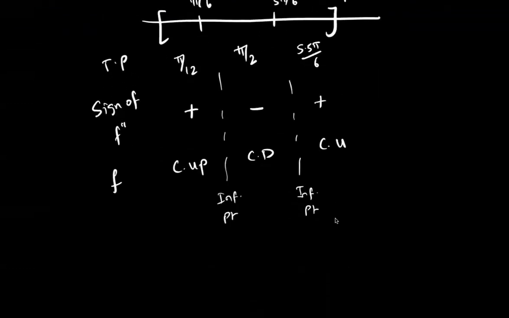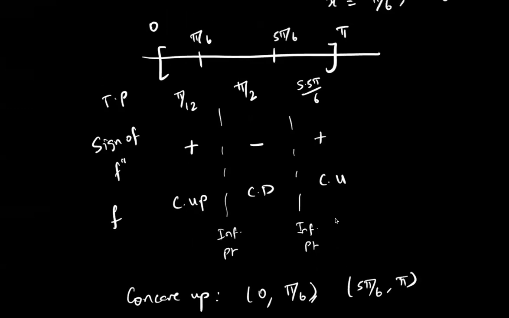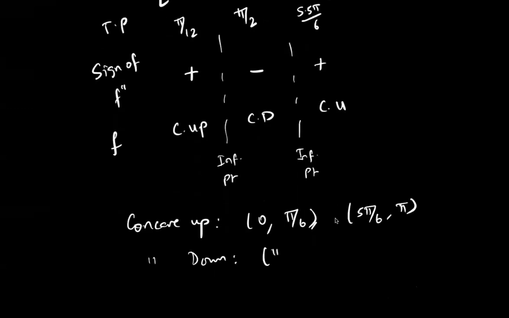So you will say that it is concave up in the interval 0 to pi over 6 and 5 pi over 6 to pi, concave down in the interval pi over 6 to 5 pi over 6, and then you will say inflection points at x equals pi over 6 and 5 pi over 6.